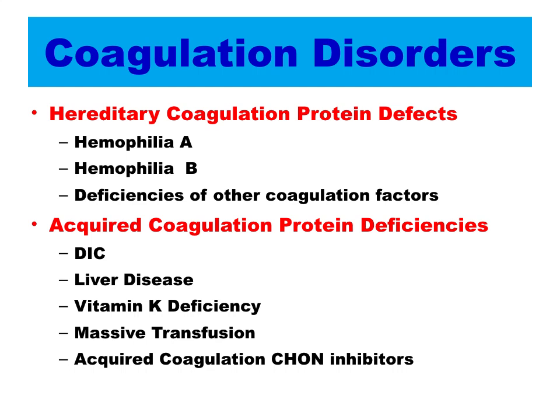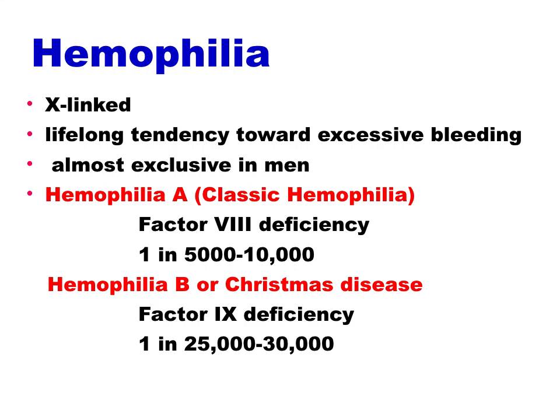We already mentioned DIC, liver disease, of course, because the liver produces the majority of coagulation factors, certain factors that are affected by vitamin K deficiency, factors that are depleted because you're giving a massive transfusion of purely packed red blood cells, as well as acute coagulation protein inhibitors.